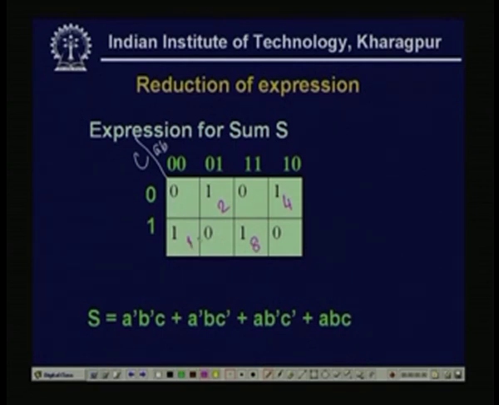So, for these 4 the output will be 1, that means one sum bit will be 1 and the remaining sum bits will be zeros.